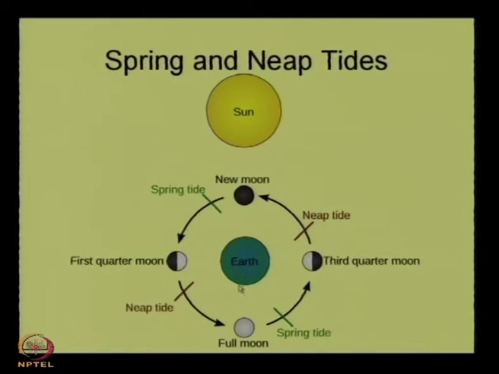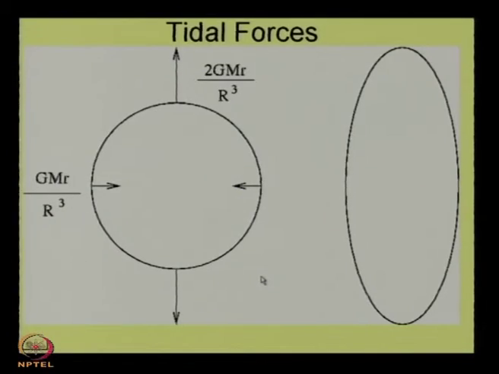There are two places which are exactly below the moon, this place and this place, and you will have high tides in these places, and when the moon is at 90 degrees you will have low tides, right. That is the nature of the tidal force. That is what we saw. So, you will have a high tide here.